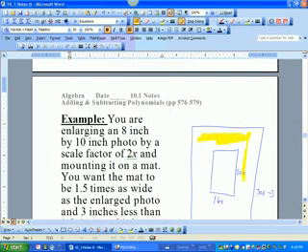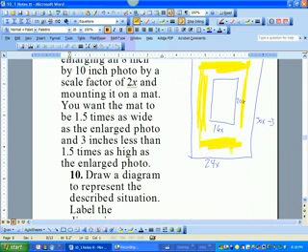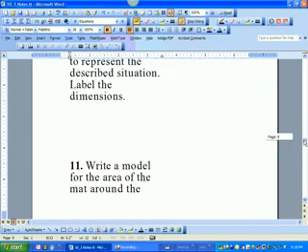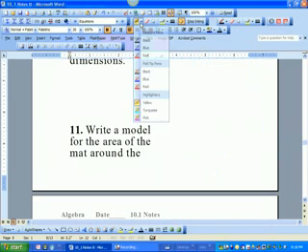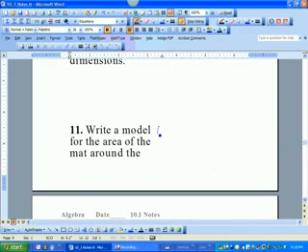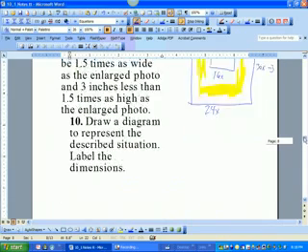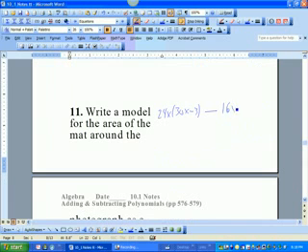Well, remember from middle school, to find the area of this part, I'm going to find the area of the whole mat and subtract the area of the picture. So the area of the whole mat will be 24x times 30x minus 3. And then I'm going to subtract the area of the picture, which is 16x times 20x.